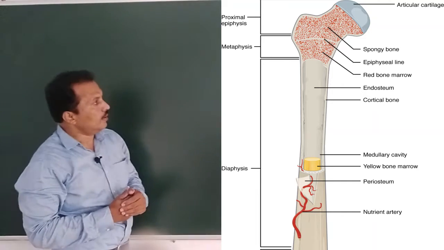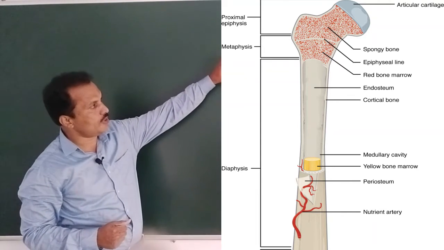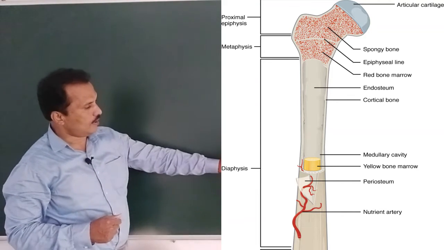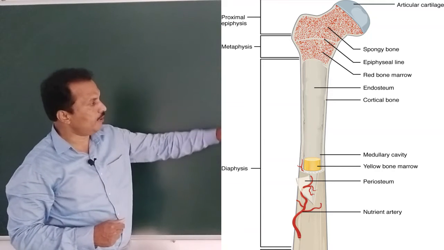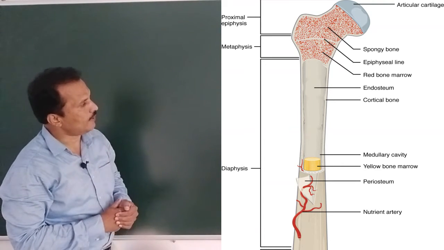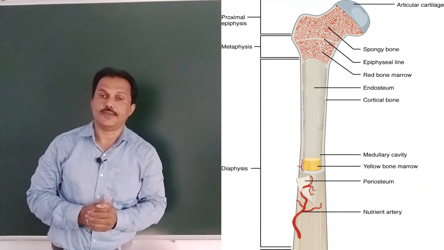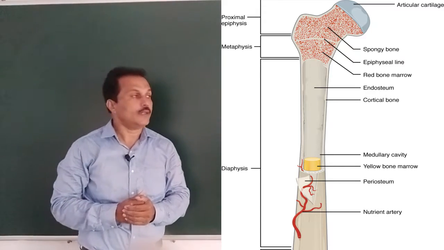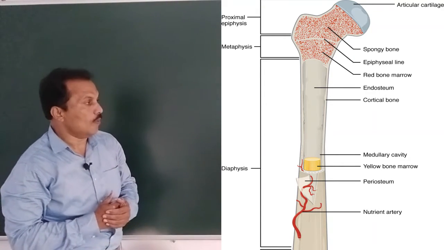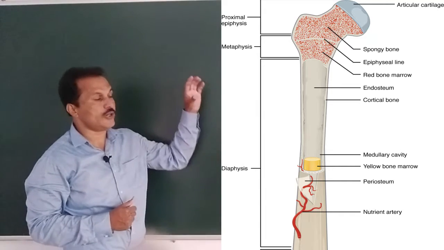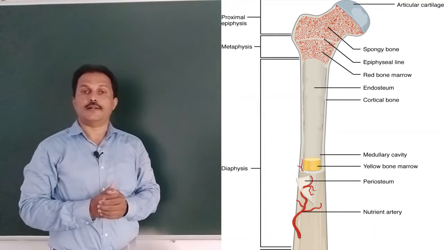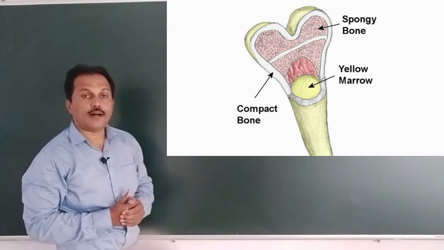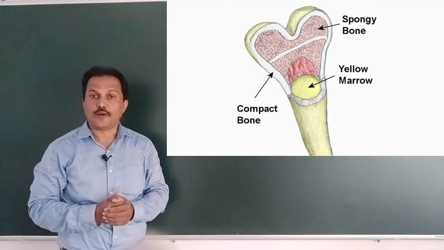If you have a look, the uppermost part, the head region, is known as the epiphysis. In between these two, the shaft region is known as the diaphysis. In the shaft region there is a cavity filled with yellow bone marrow, and the epiphyseal region is made up of spongy bone.